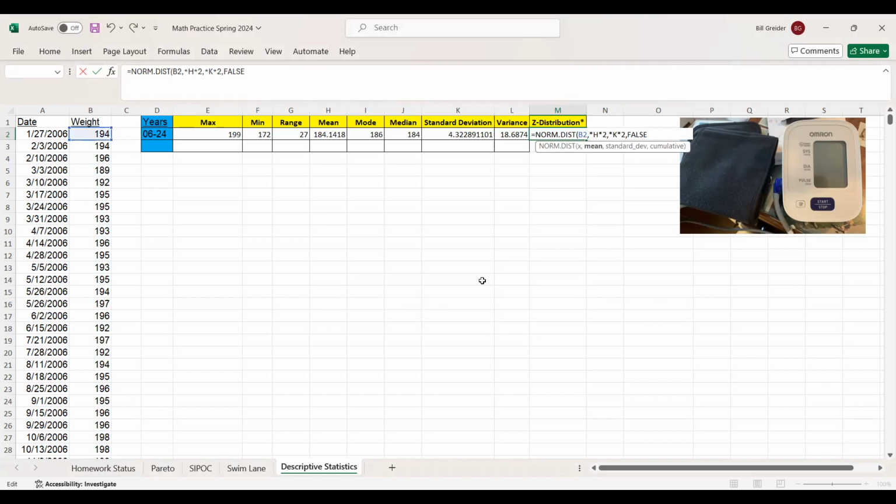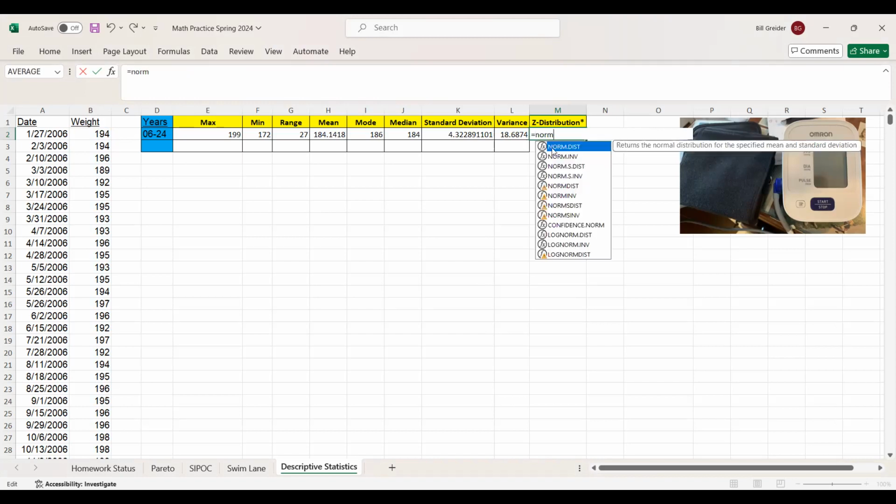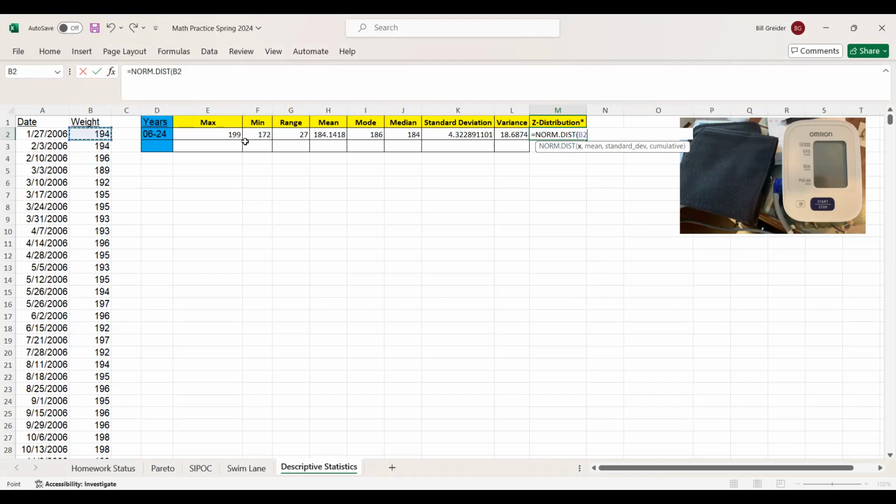Hold on. I'm doing it again. It's a lot easier than I'm making it. Equals X, mean, standard deviation, false, and this is star.